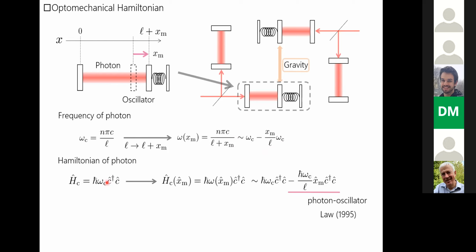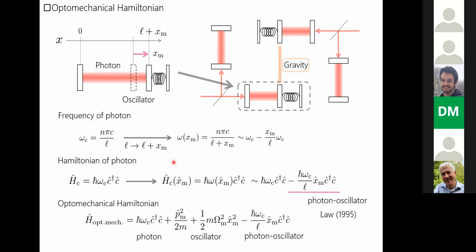Due to the variation of the resonance frequency, the Hamiltonian of the photon in the cavity changes. When the oscillation is small, the Hamiltonian is approximated as this form. This second term corresponds to the interaction between the photon and the oscillator.